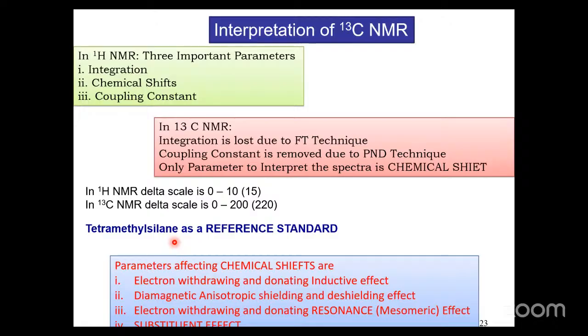The parameters which affect the chemical shift are, first, the electron-withdrawing and donating inductive effect; diamagnetic anisotropic shielding and deshielding effect; electron-donating and withdrawing resonance effect, which we also call the mesomeric effect; and the last, which is very important, the substitution effect. Let us see some of the effects.